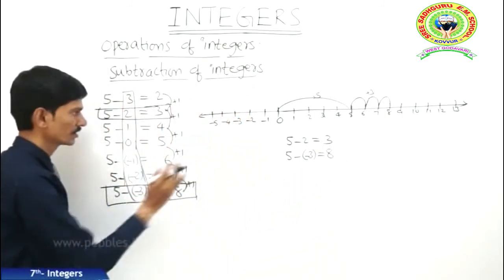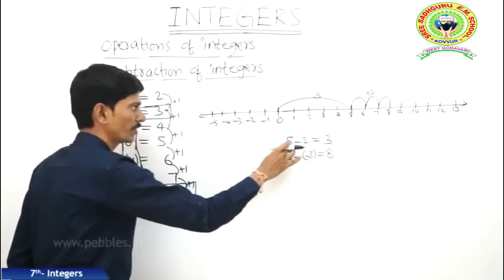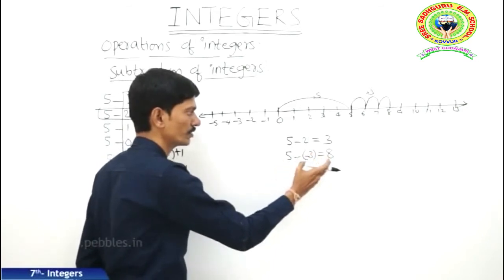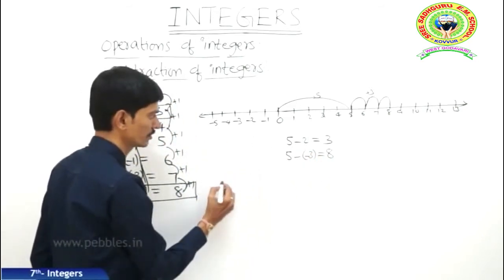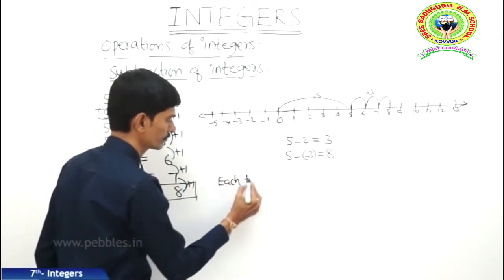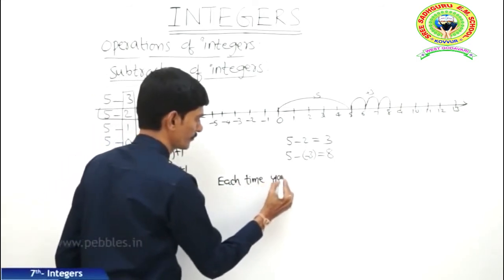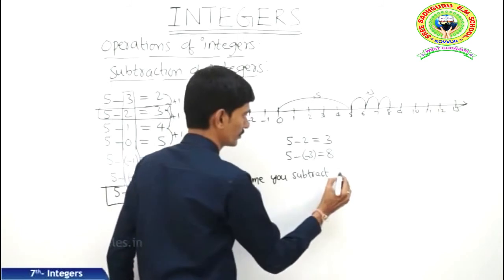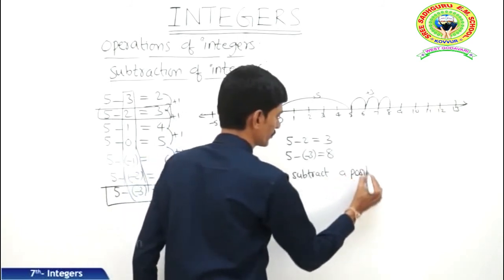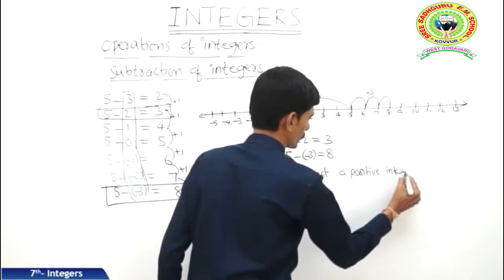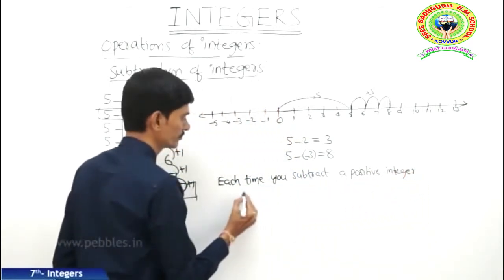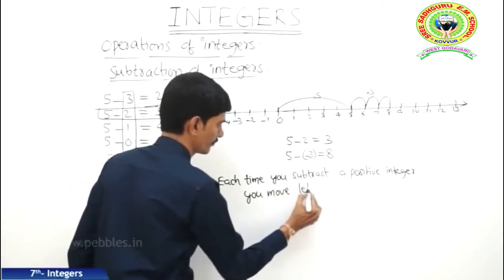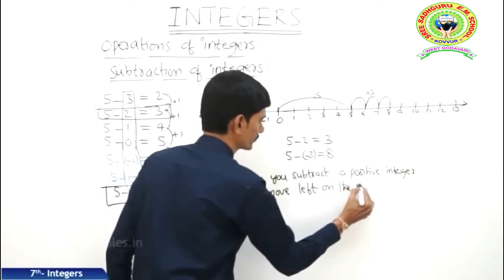So when you subtract a positive integer on the number line, we move left, and when you subtract a negative integer on the number line, we move right. So we write this statement. Each time you subtract a positive integer, you move left on the number line.